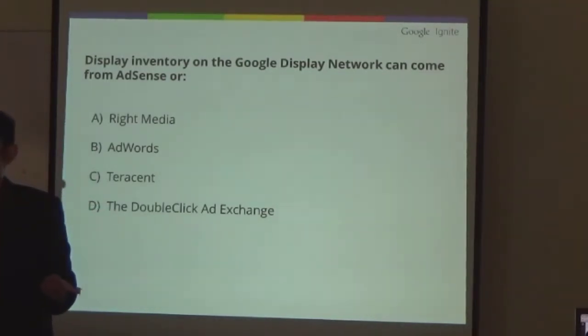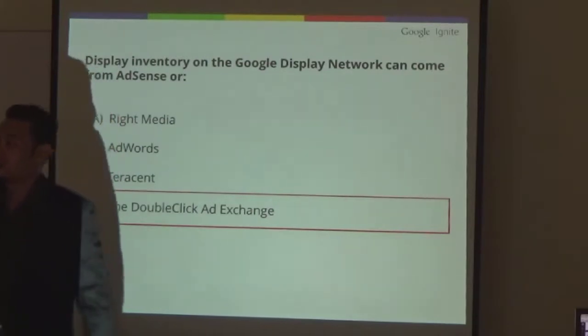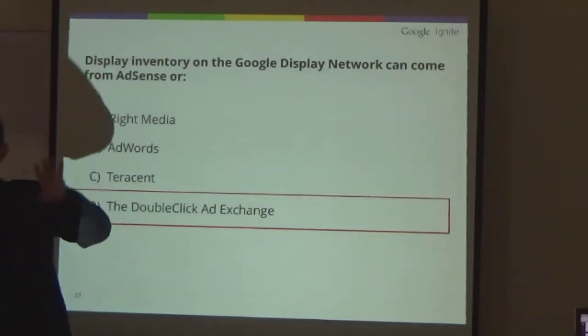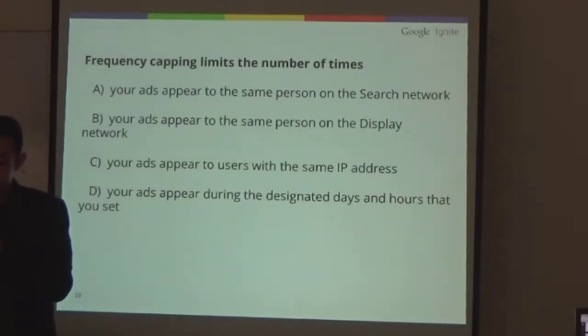Is it A, right media? B? How about D? So, DoubleClick Ad Exchange. Who knows, some of you might be joining DoubleClick in the near future to be part of their technology team or advertising team. They are pretty interesting. They are growing big here in Asia. DoubleClick Ad Exchange network.